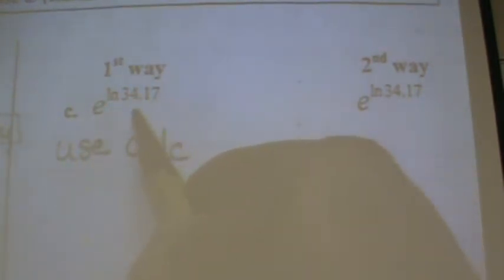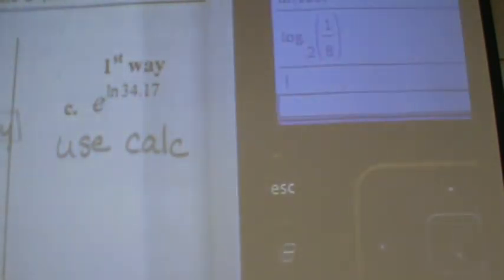I want you to type in e, which is that button. You're going to raise it to the ln, so you have to hit second ln, and then 34.17. And I got 34.17 for my answer. Did you?